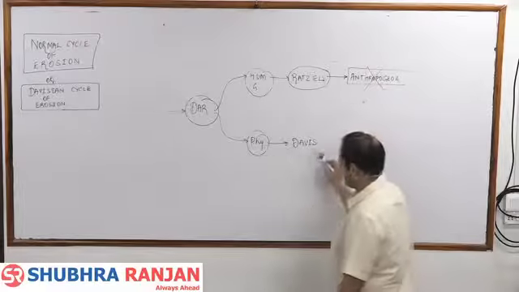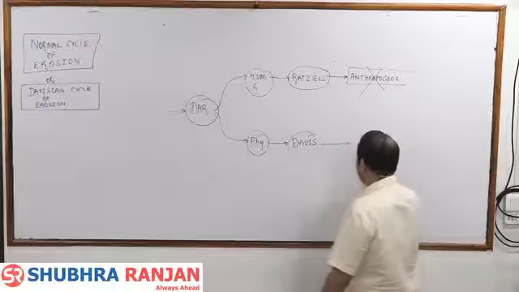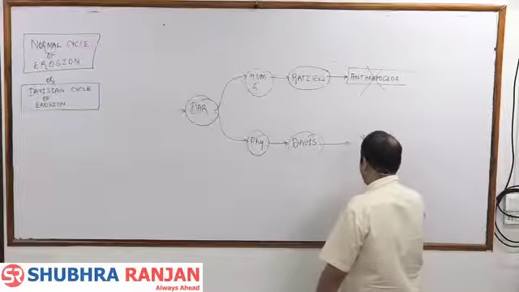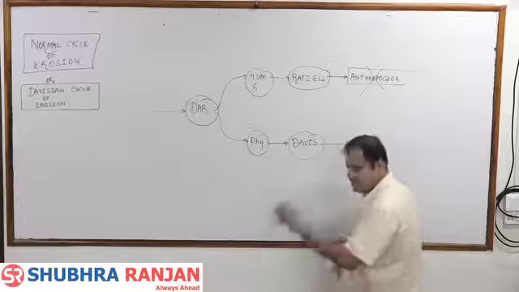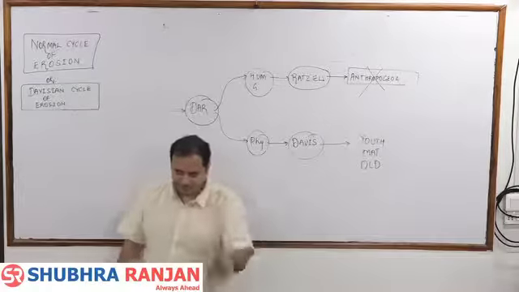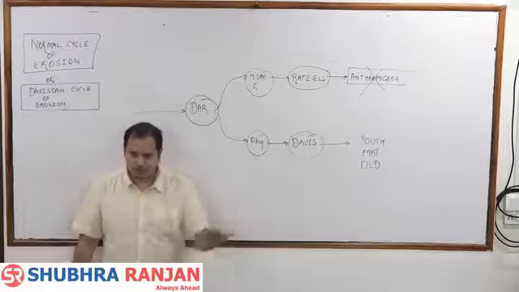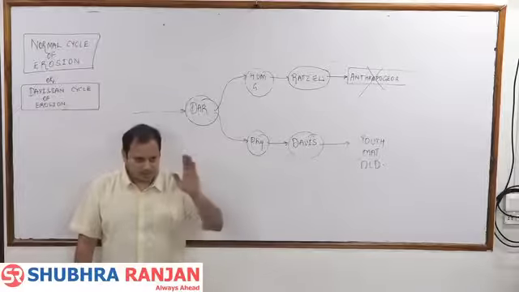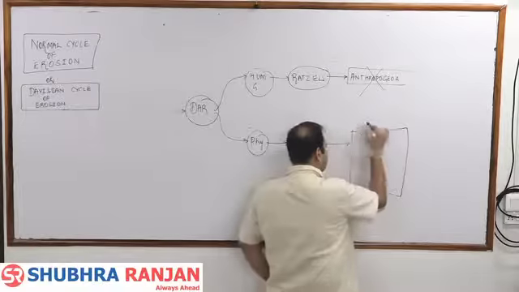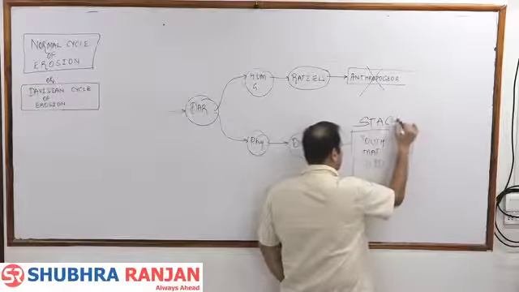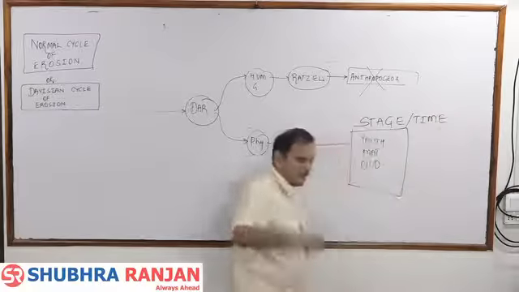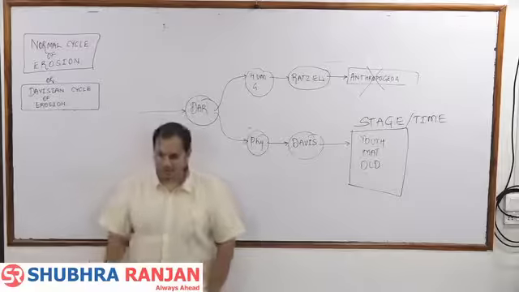And Davis gave the concept of landform evolution in youth, mature and old age. That is just like how living organisms pass through these stages. What was given by Darwin was taken up by Davis in his youth, mature and old age. So these three things is what Davis calls stage or time. उसने कहा हर लैंडफॉर्म इन तीन में से जाएगा, स्टेज और टाइम में से.